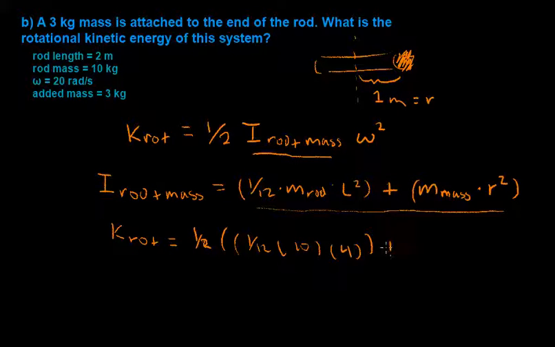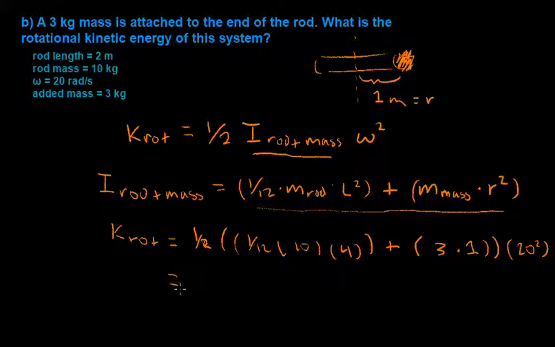Then we add to that the mass of our mass times the distance from the mass to the axis squared: 3 kilograms times 1 meter, so 3 times 1 is 3. All of this is then multiplied by our angular velocity squared, so 20 squared.